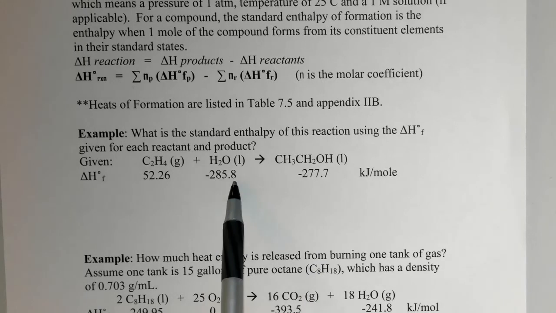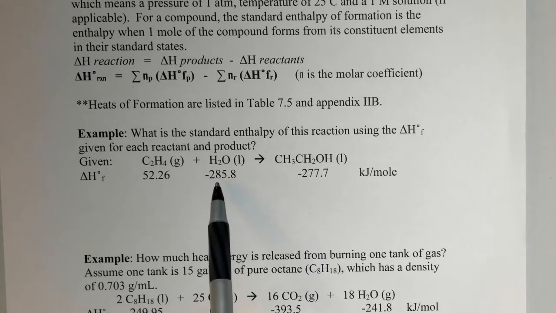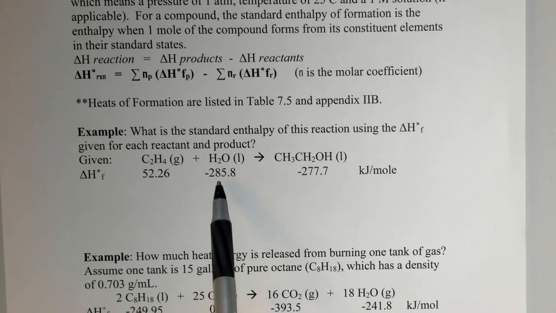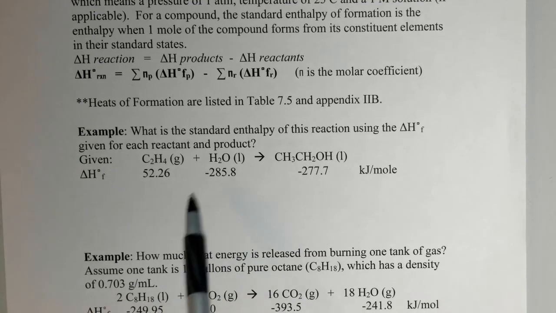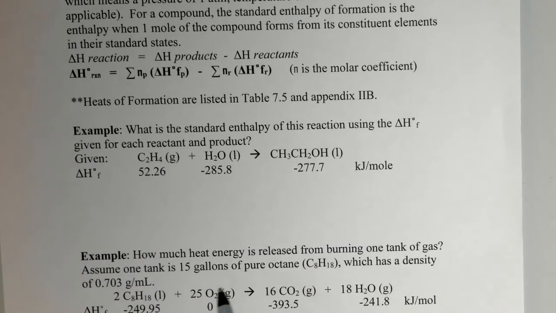We're not forming water, we're consuming water. So instead of getting 285.8 kilojoules, we're going to have to put in, right? So we're going to switch the sign of all the reactants and keep the products as is.